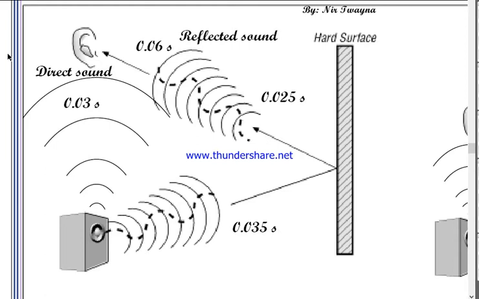Like if I say hello, you will hear the direct sound hello, and the reflected hello, hello, hello. That is echo, in which the reflected sound is distinguished as a separate, individual sound. Understood or not? So you can say echo is a repetition of sound.